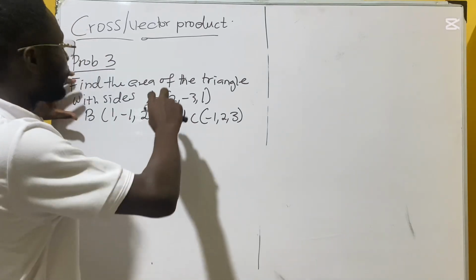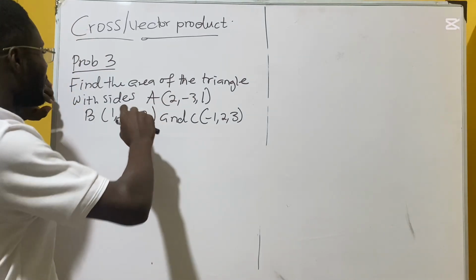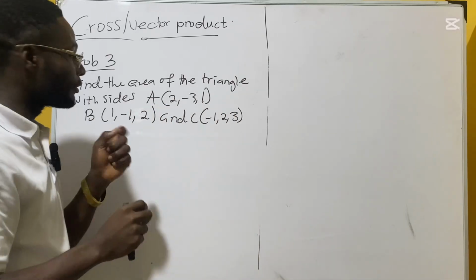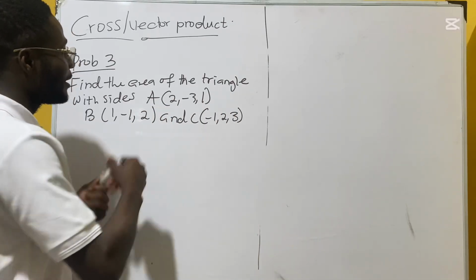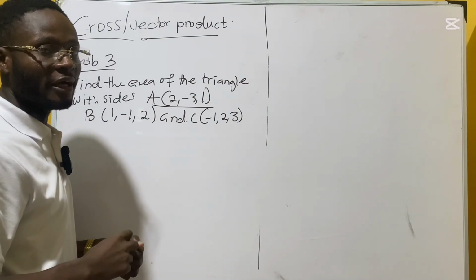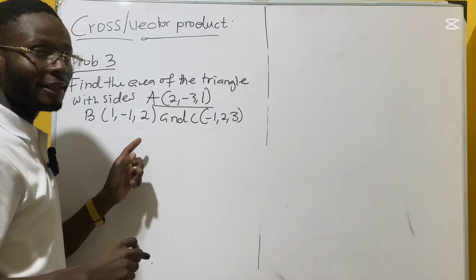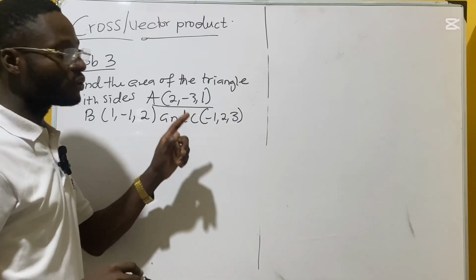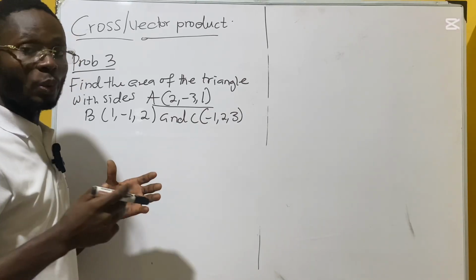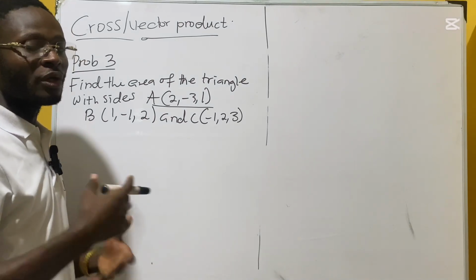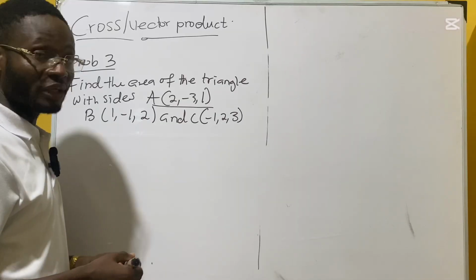Okay, so problem 3 is we are to find the area of a particular triangle with sides A to be (2, -3, 1), and B to be (1, -1, 2), and also C to be (-1, 2, 3). So once we hear area of a triangle, we have to dive into area of a triangle, right?